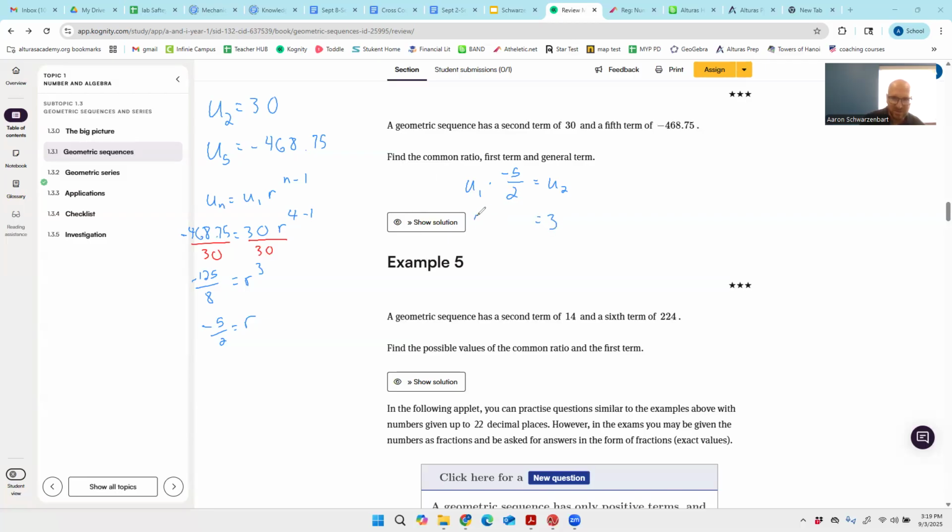So to solve, I'm going to multiply, plugging in my 30, by negative 2/5 on both sides.